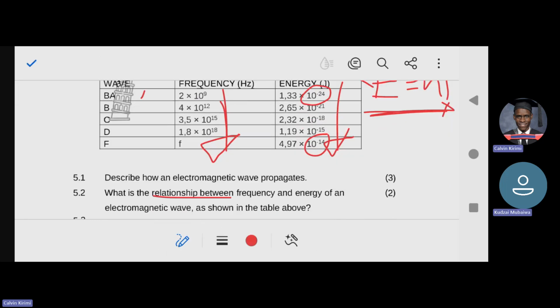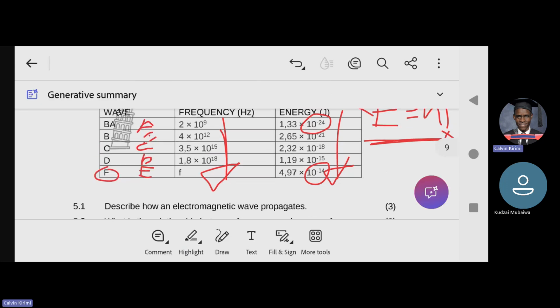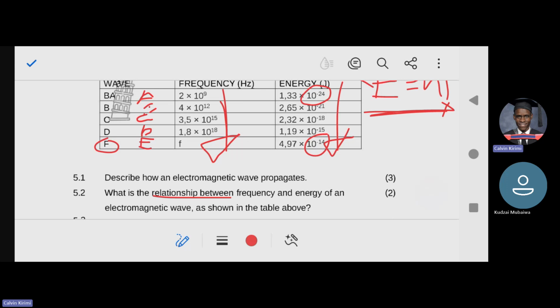Like this is A, then B, C, and this should be wave E instead of F. So let's just correct it there. That is the wave they are referring to. Maybe it's a typing mistake.